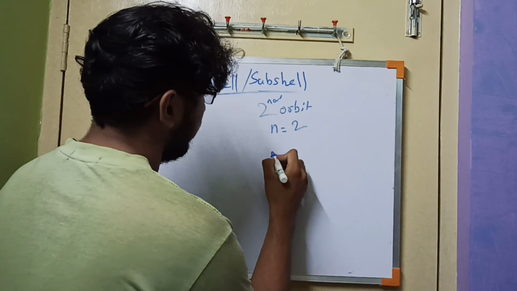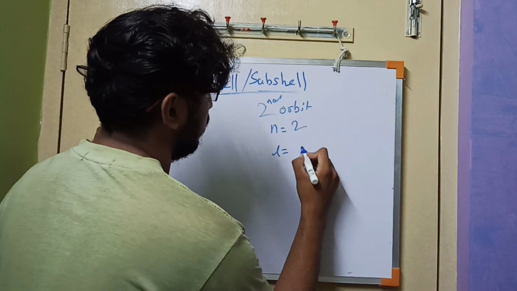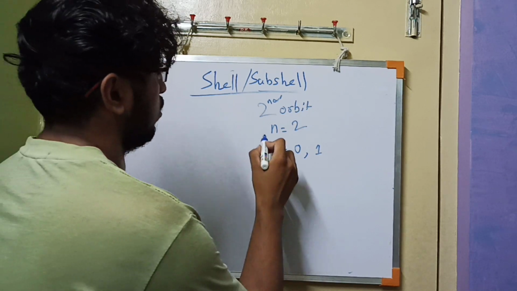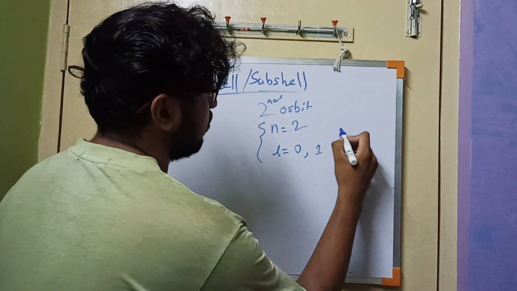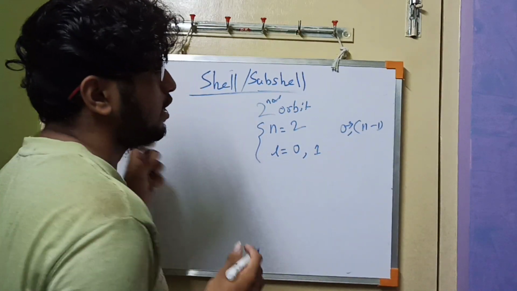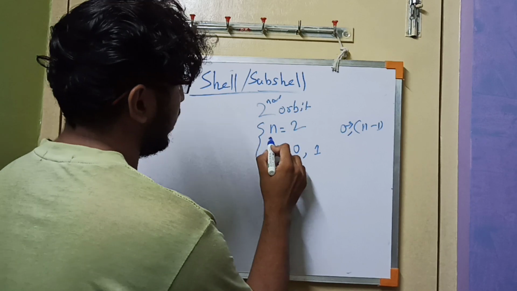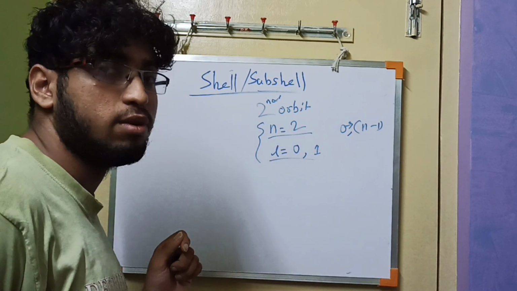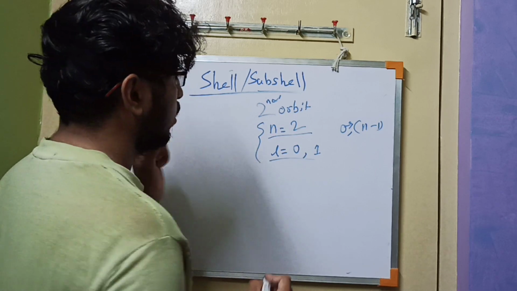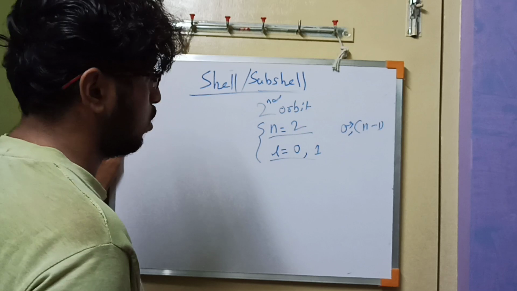The value of L will be maximum 0 and 1, because for a value of n, L has a value from 0 to n minus 1. This is also a span. That means the value of L also depends on the value of n. The value of L will be from 0 to 1 for n equal to 2.